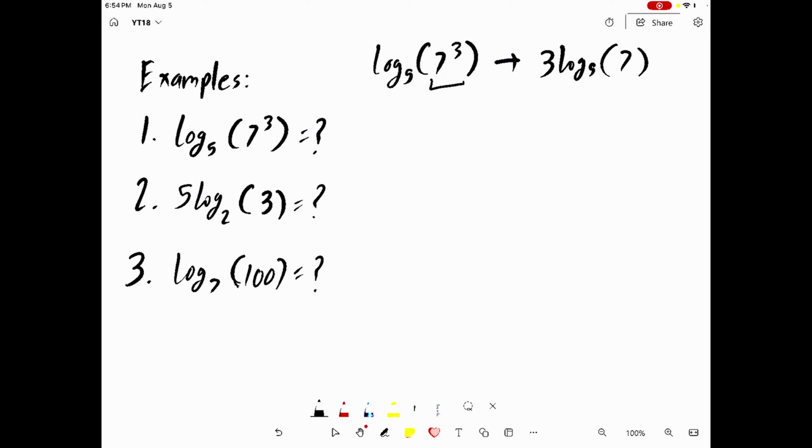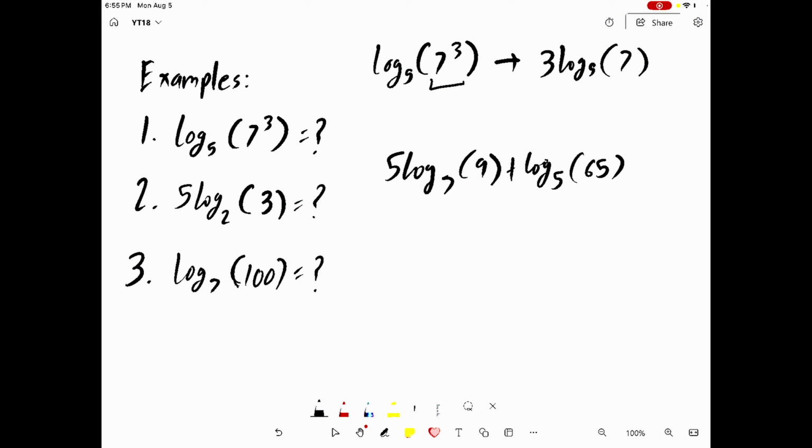For number 2, it's pretty much the same thing, except it's the exact opposite. We want to make sure that we get it all in one thing. The normal application of this is if, let's say, I have 5 logarithm base 7 of 9 plus logarithm base 7 of 65.